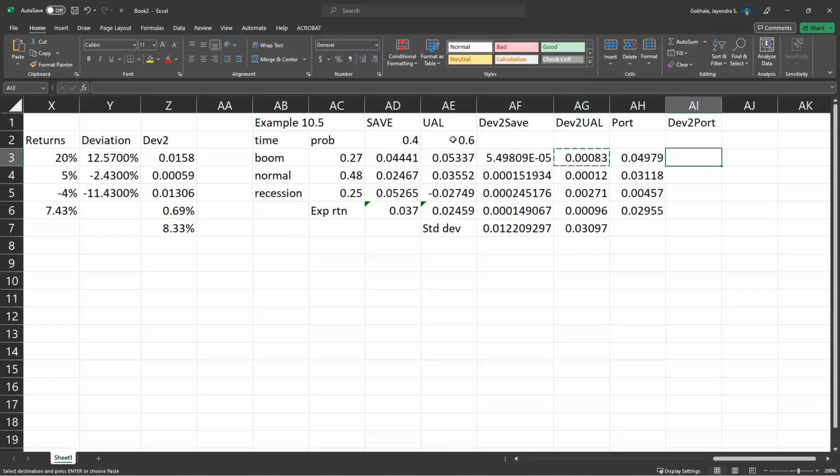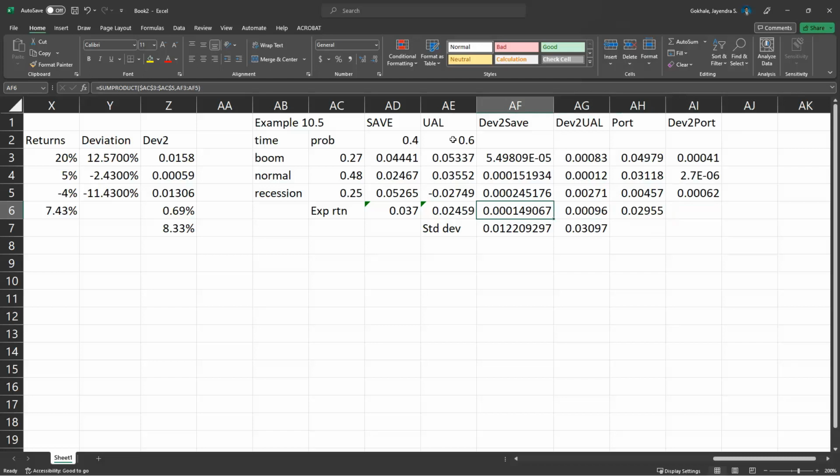Let's just copy and paste one element of the formula. Oh, sorry, it's not doing the right thing. How about this? It's still not going to do the right thing. Oh, okay. We'll have to change this from AG to AH. And this also from AG to AH. And that'll do it for us. So this is the deviation squared of the portfolio for boom times, for normal times, and using Control D again, recession. That's why you should take it easy a little bit.